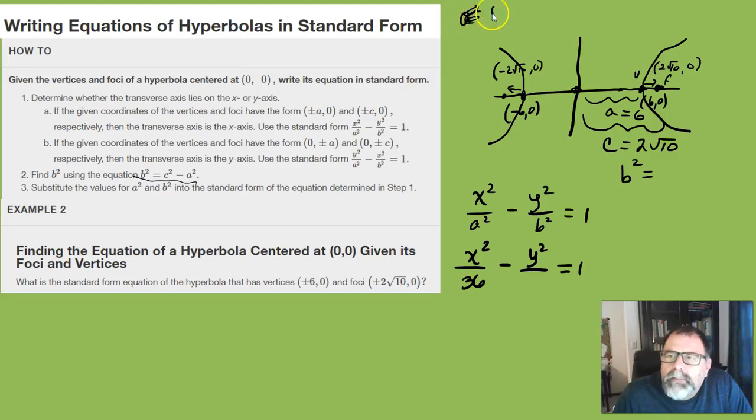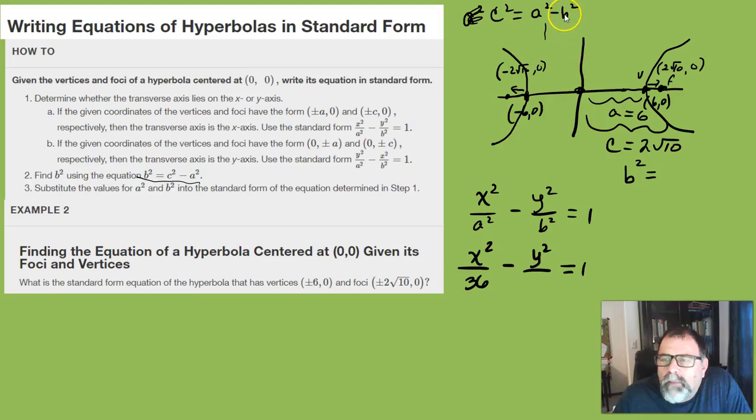If we did c squared equals a squared minus b squared, or b squared minus a squared, it doesn't matter. It's the bigger one minus the smaller one, right? You're going to take the absolute value. And basically you can switch this, so it'll be c squared minus a squared.